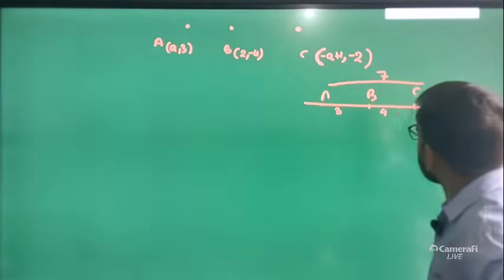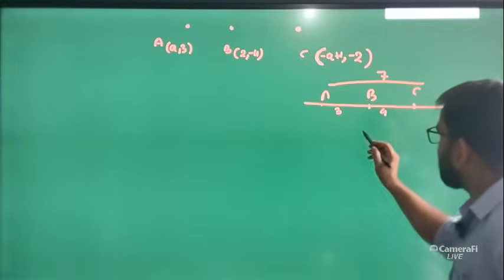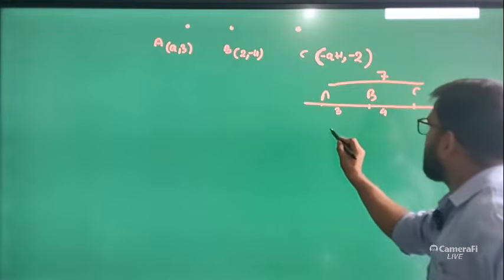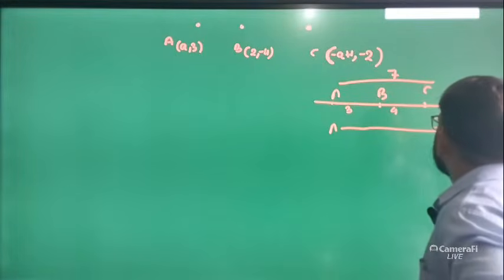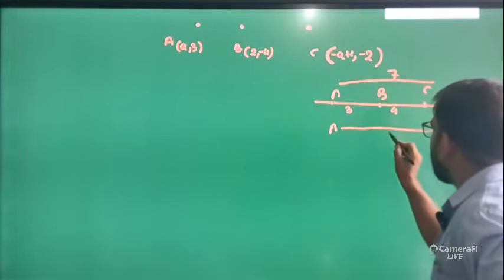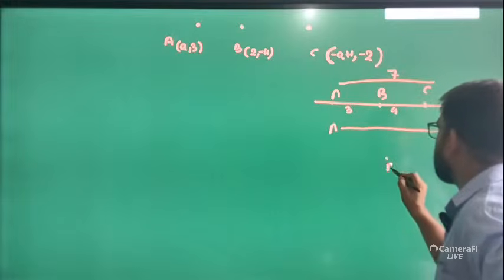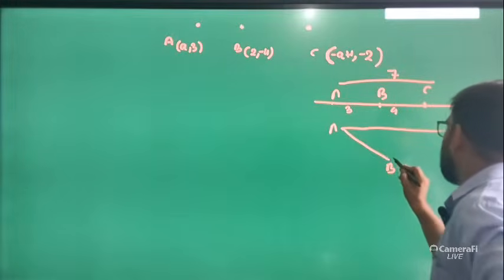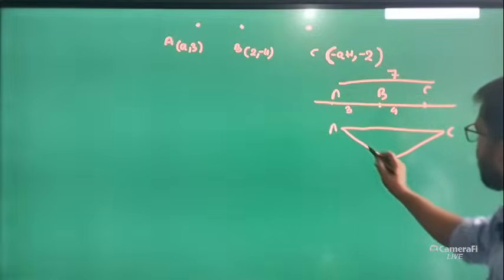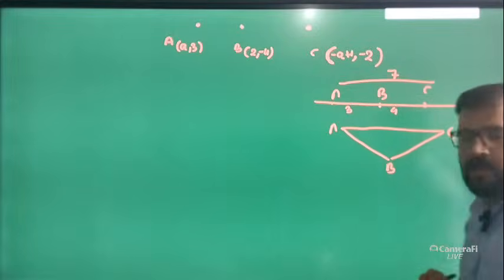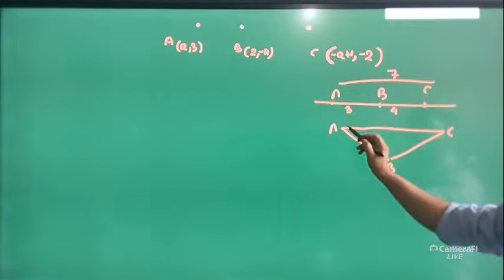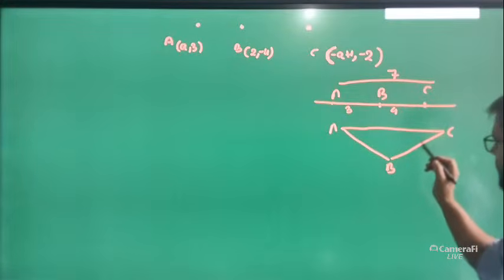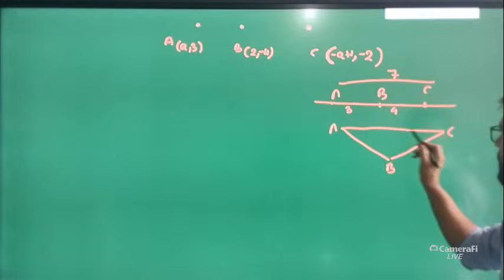Then only you can say these points are collinear. इमेजिन करो आप, A यहां पर है, C यहां पे है, and B is not lying on this. B will be somewhere like this. So tell me, can we say AB plus BC is equal to AC now? नहीं. AB plus BC is not equal to AC. This means B is not lying on the AC.